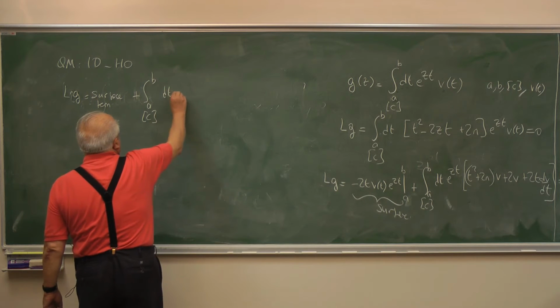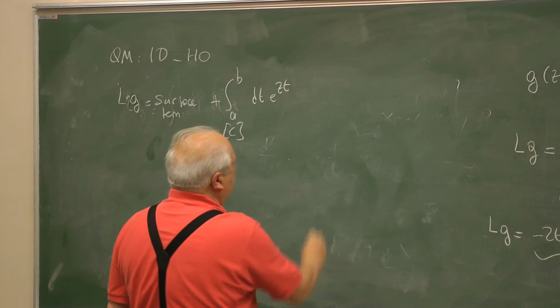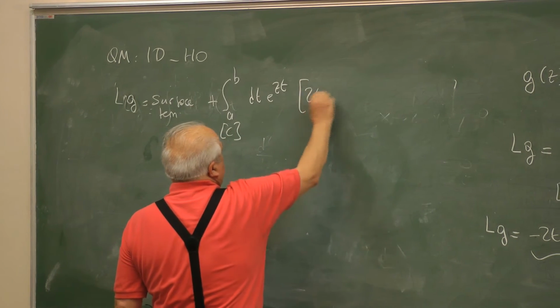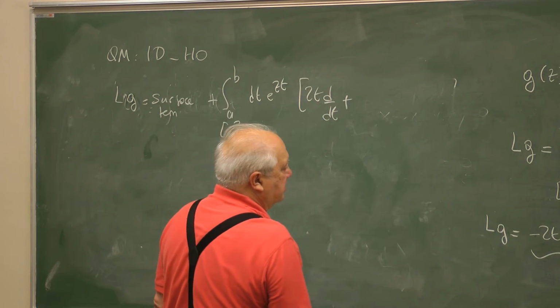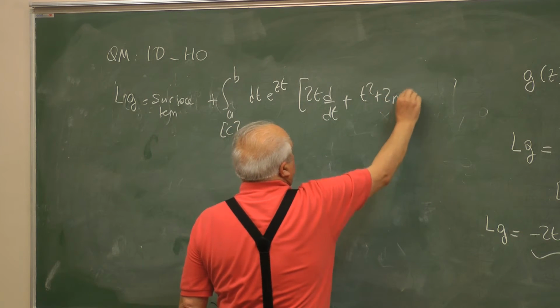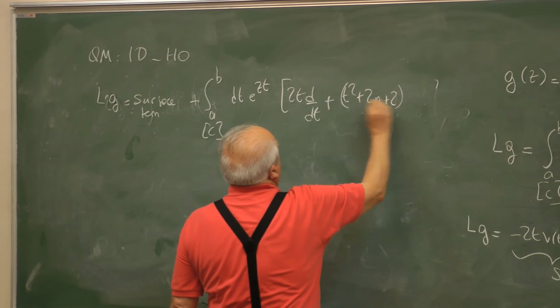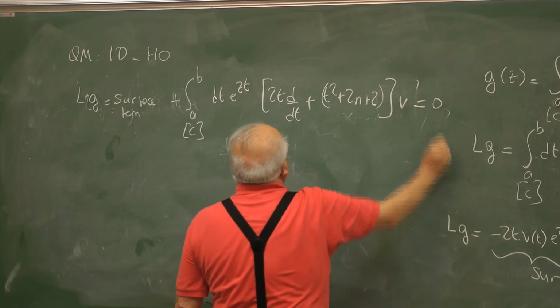dt e^{zt}, times (2t d/dt + t² + 2n + 2) equal to 0.